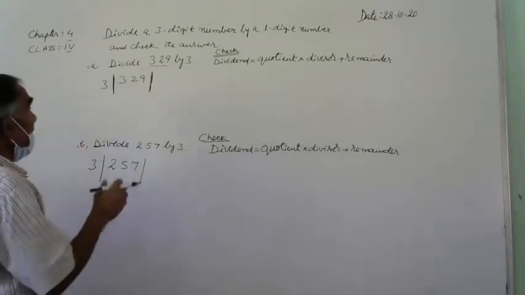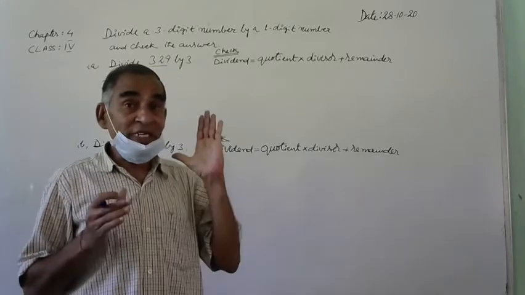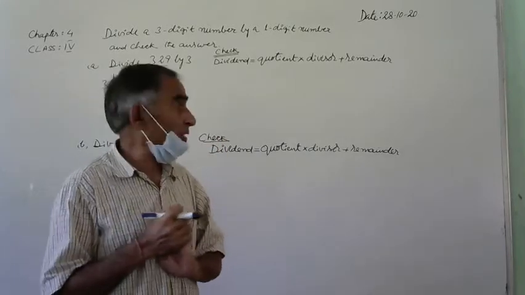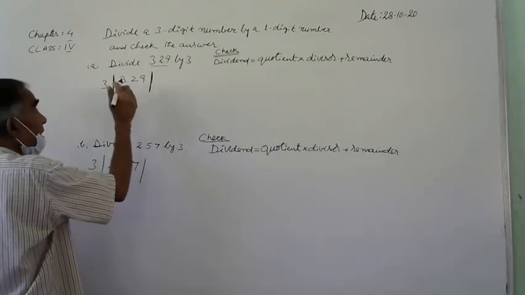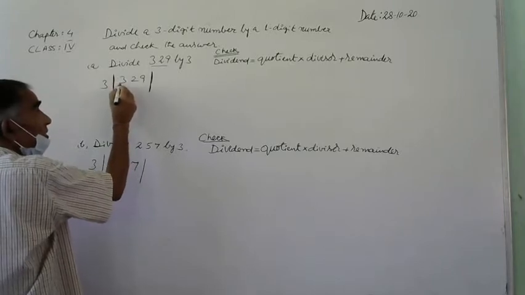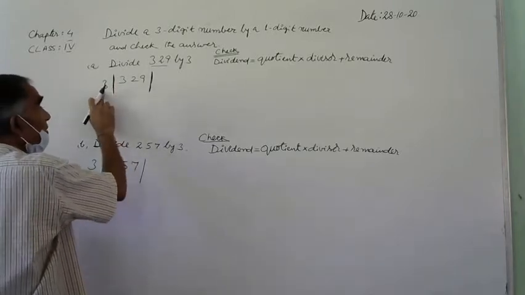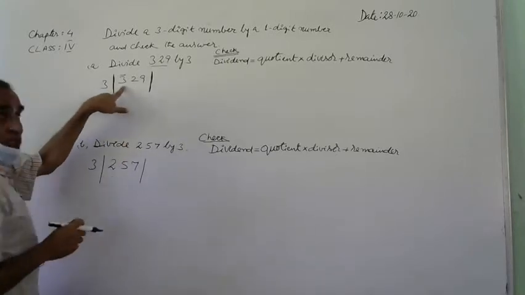While doing division, we have to start from the highest place. Here the hundreds place is the highest place. How many hundreds are here? 3 hundreds. What is the divisor? 3. Now you see, how many 3s are there?